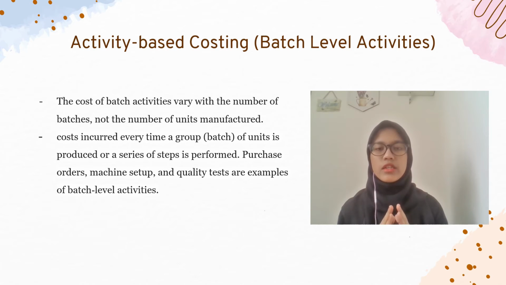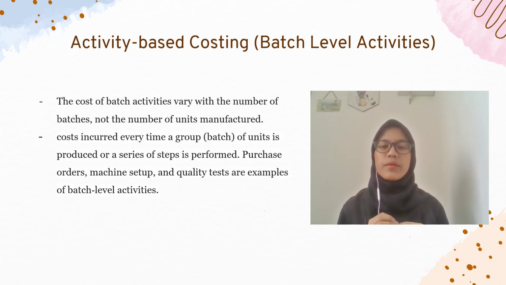Next, about activity-based costing at the batch level activities. For batch level activities, the cost of the batch activities varies with the number of batches, and not the number of units manufactured. It's based on the batch, not the units of the product.